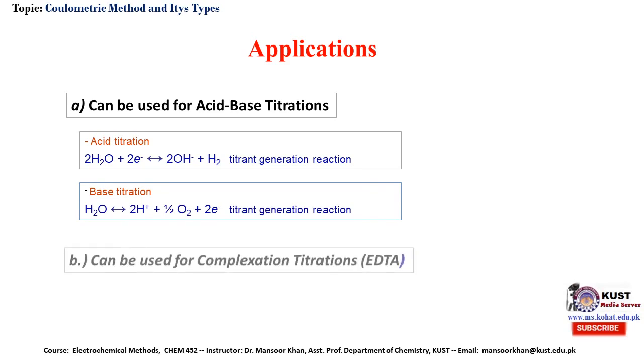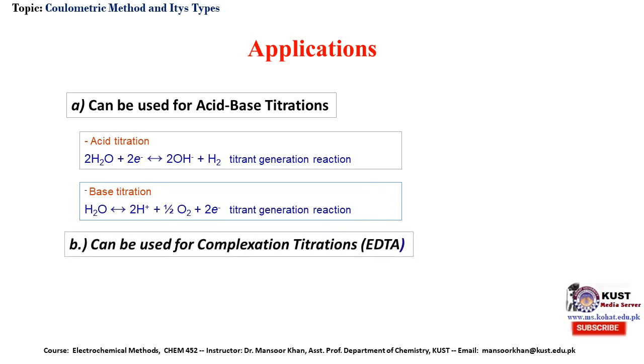The second application is that it can be used for complexometric titration of EDTA. EDTA stands for ethylenediaminetetraacetic acid. In this type of titration, a complex formation takes place between the ligand EDTA and the metal atom.